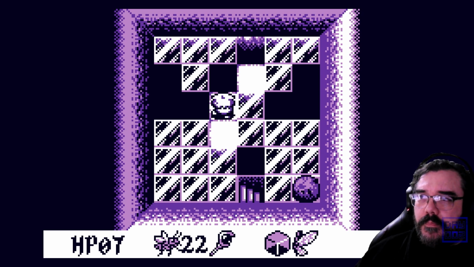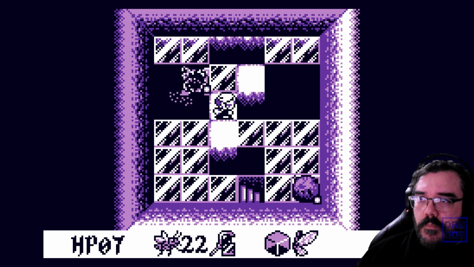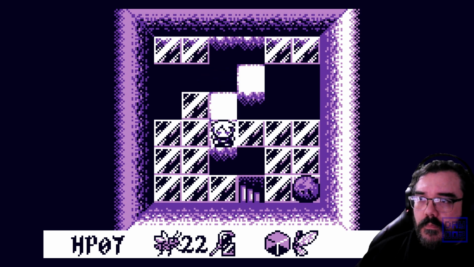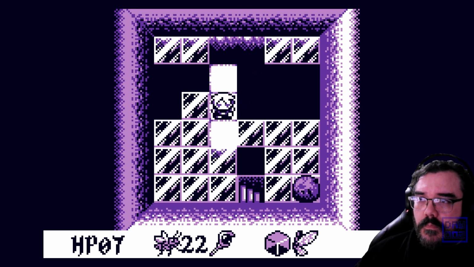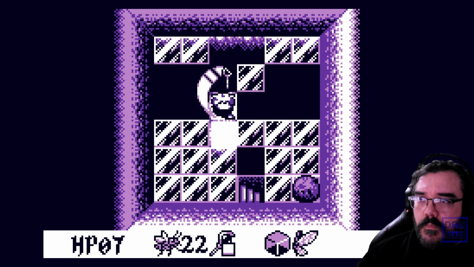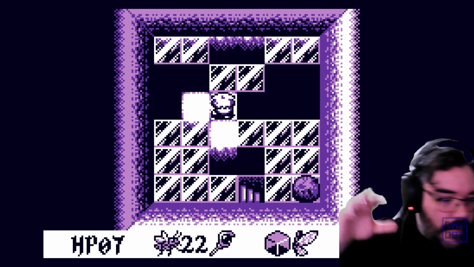What are we trying to do? That's what I want to do. I want to build it with glass, and then we don't have to worry about that top.